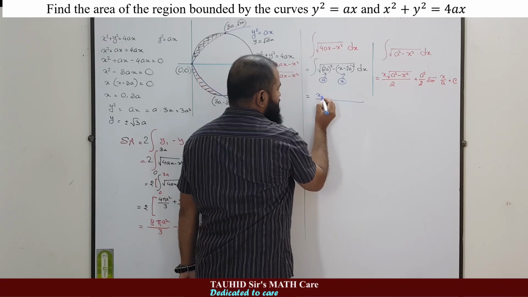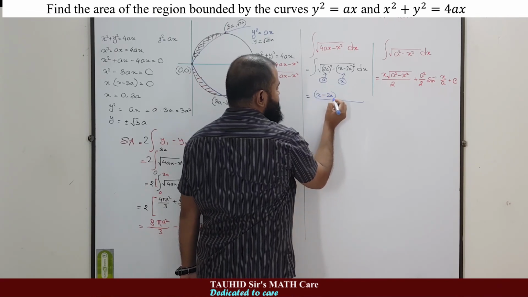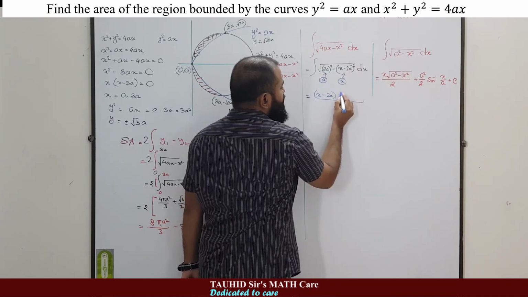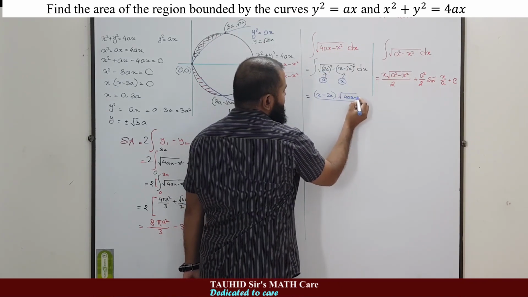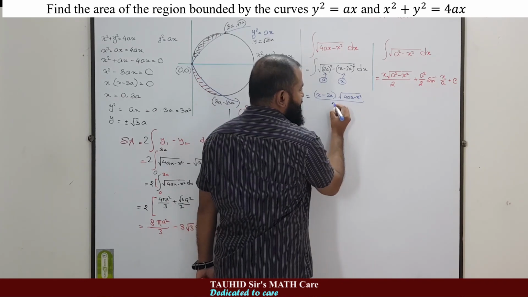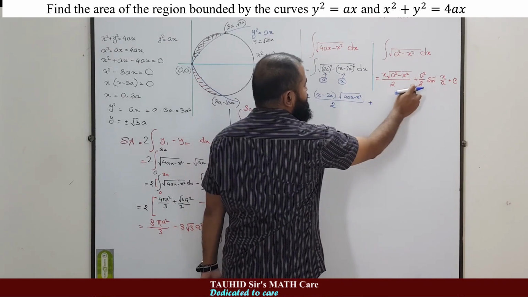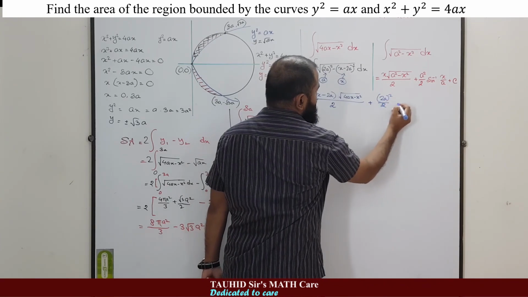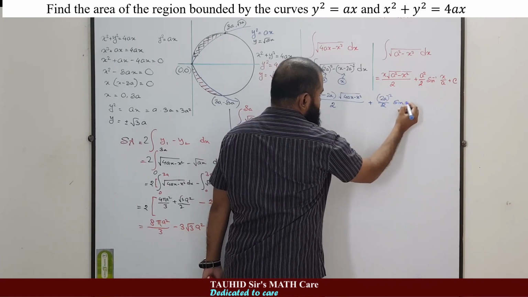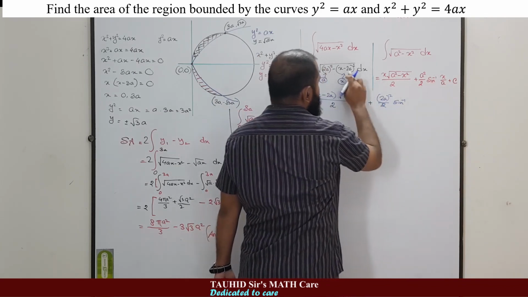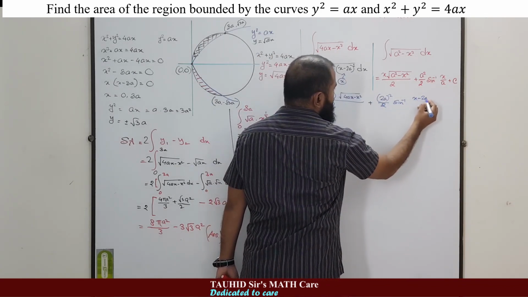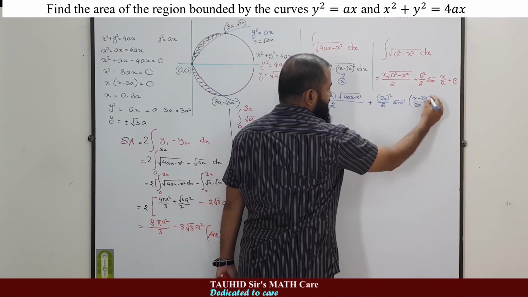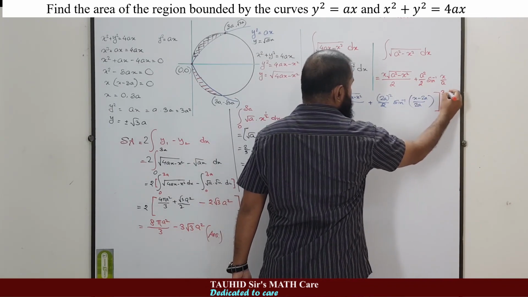That means we will write x minus 2a into root over a square minus x square, that means root over 4ax minus x square, divided by 2 plus a square by 2, 2a whole square divided by 2, sine inverse x, that means x minus 2a divided by a. A means 2a. The limit is 0 to 3a.